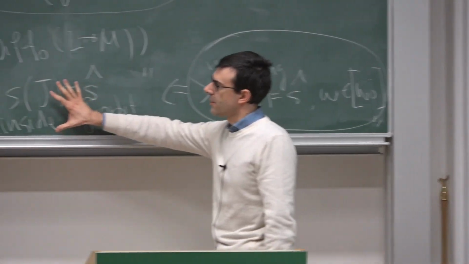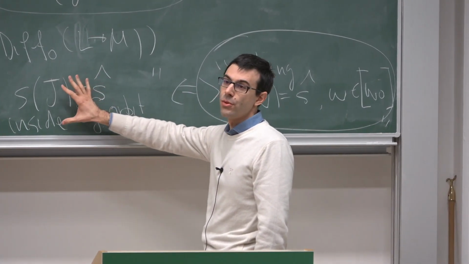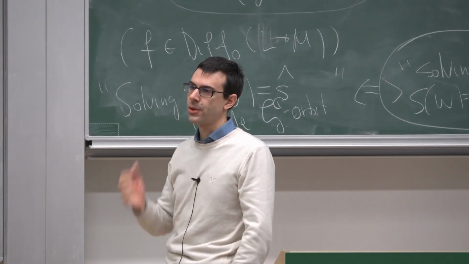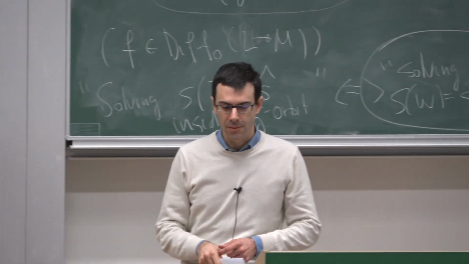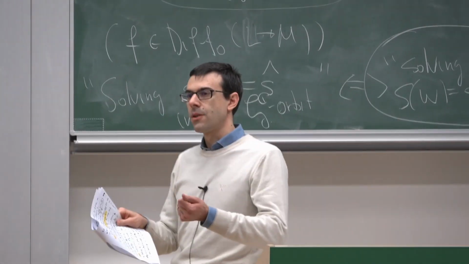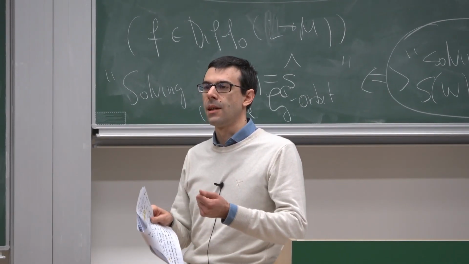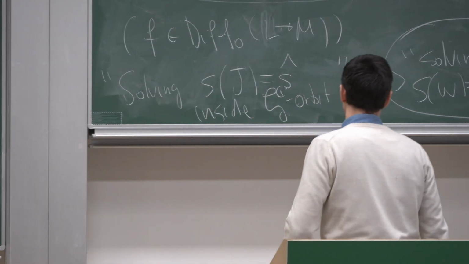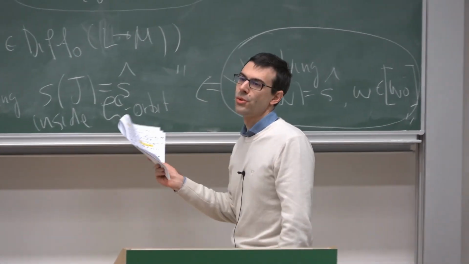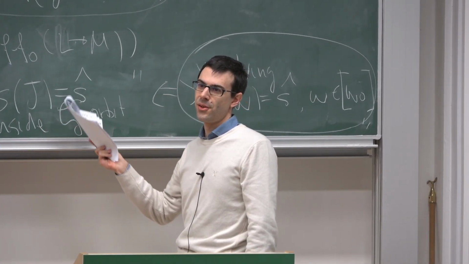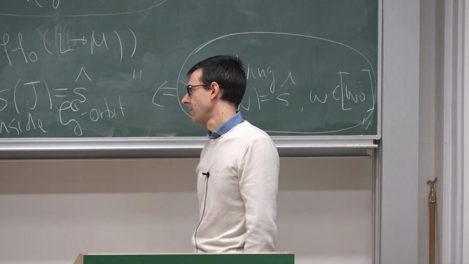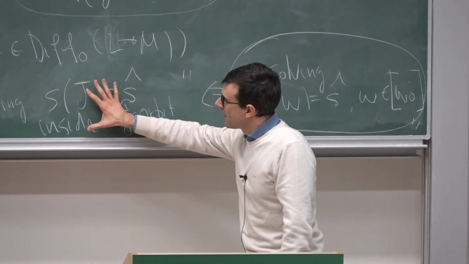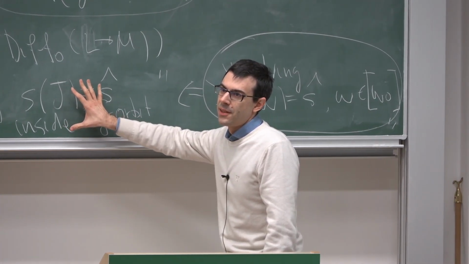But this is the problem that relates, at least morally, to GIT, right? So we've heard in the last lecture that there is this very important theorem called the Kempf-Ness theorem that says if you want to find a zero of your moment map inside the orbit of your complexified group, then you're going to be able to find such a zero if and only if the orbit is polystable. And so this is morally very, very close to this Kempf-Ness type situation.